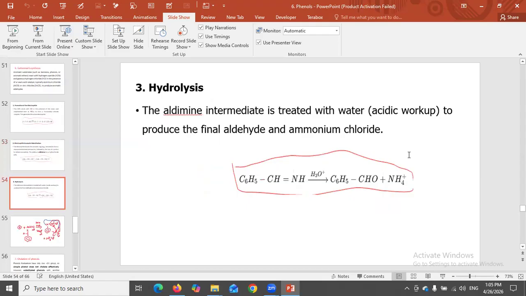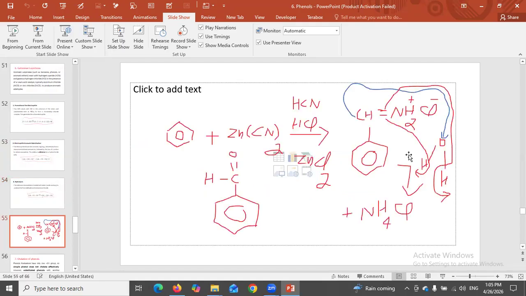Hydrolysis: this aldimine intermediate is treated with water under acidic work-up to produce the final aldehyde and ammonium chloride. Benzene is treated with zinc cyanide and these other reagents.